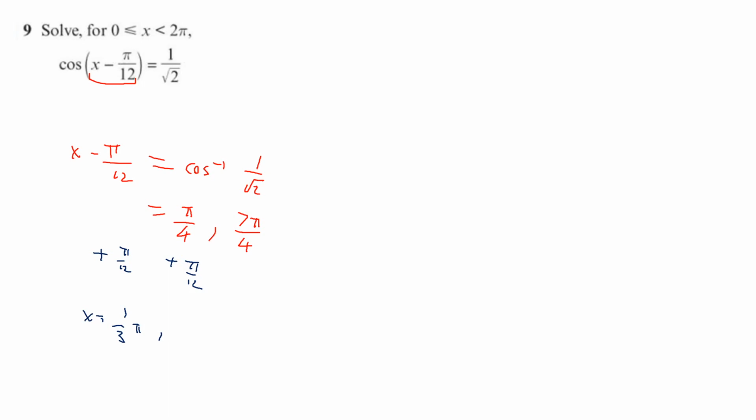And for my other value of 7 pi over 4, we should get 11 over 6 pi. So it's the exact same as what we did when we had it in degrees, only this time we're using radians.